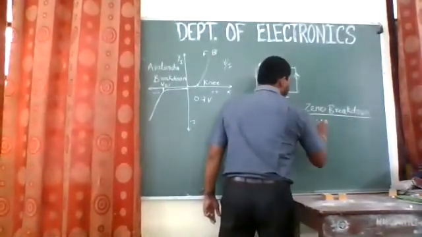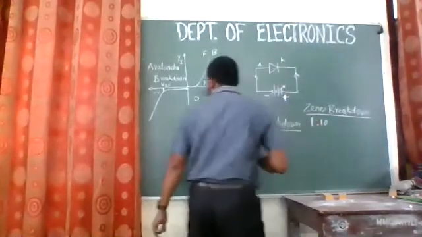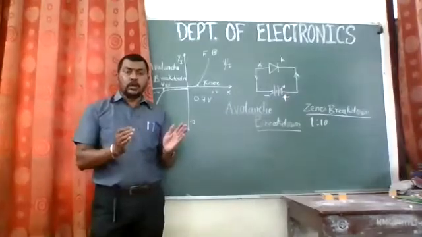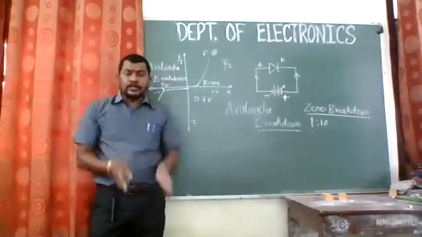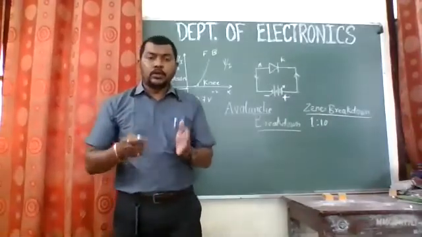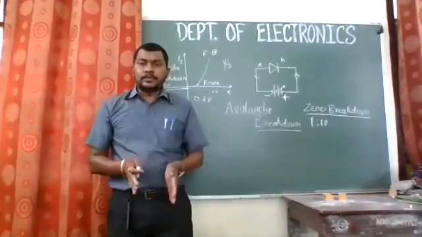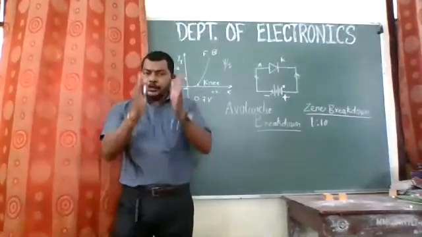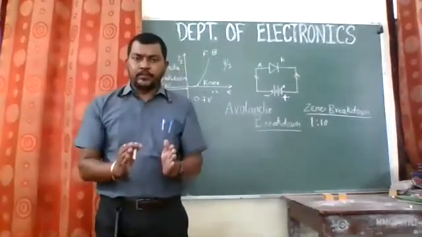1:10 means there are many free electrons as well as holes in a very small region. Now, what happens to the depletion layer? Whenever we have this type of ratio of 1:10, the depletion layer formed between the p-n junction is very, very small, right?